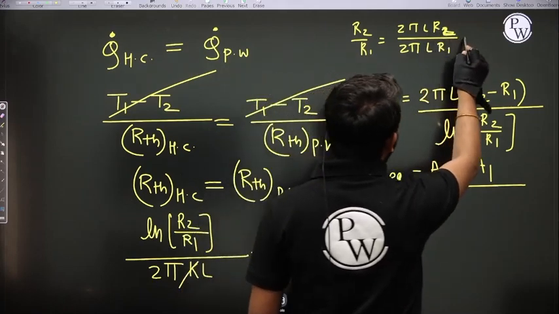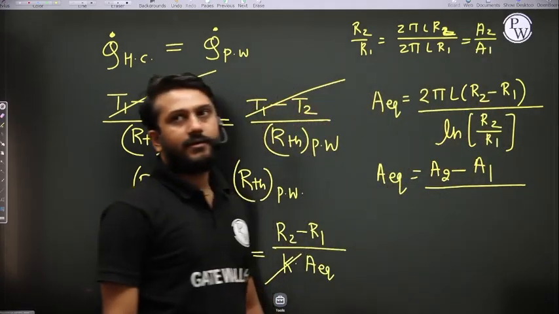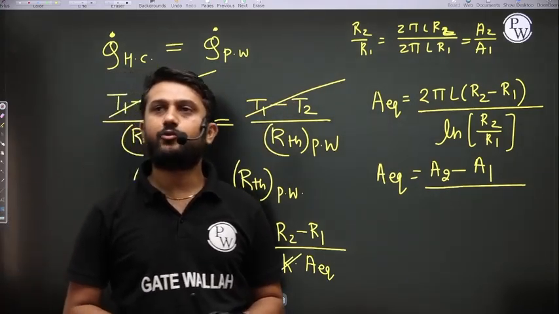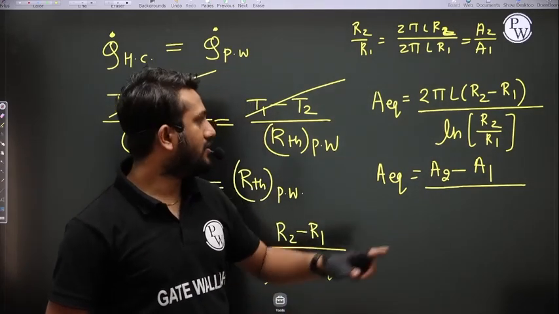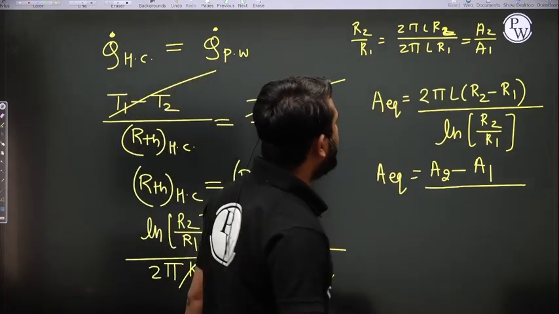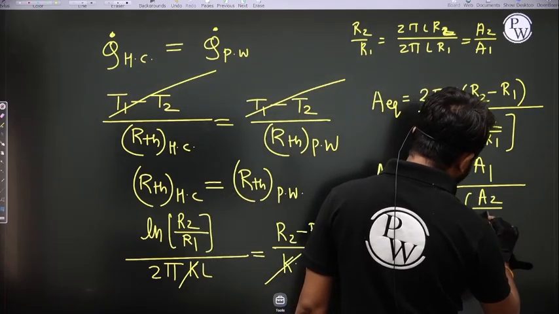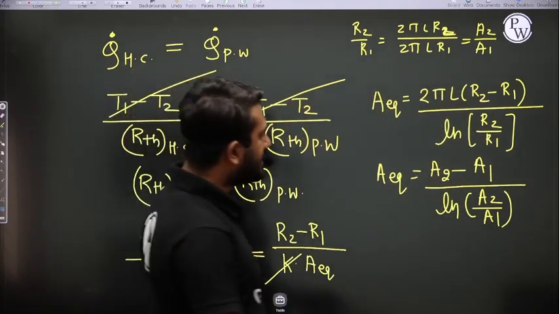So 2 pi L R2 is A2 and 2 pi L R1 is A1. Simple. So we can write ln R2 by R1 as ln A2 by A1. Is it clear? So this is the equivalent area.